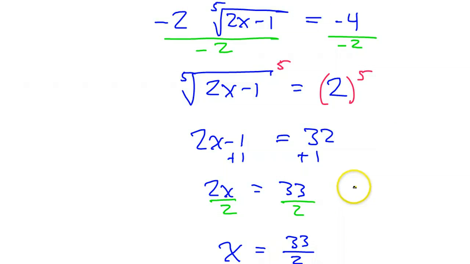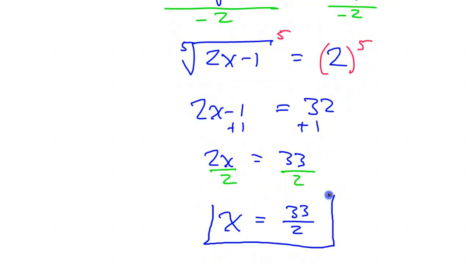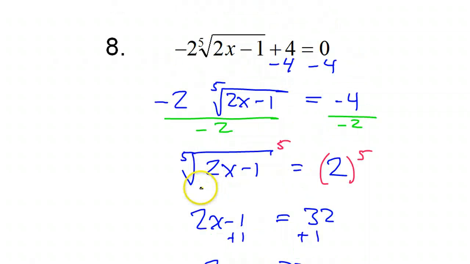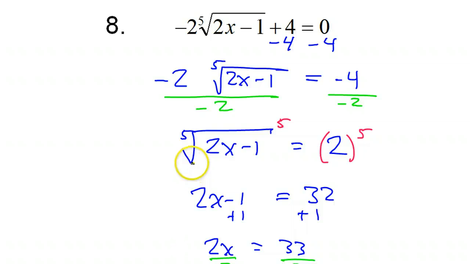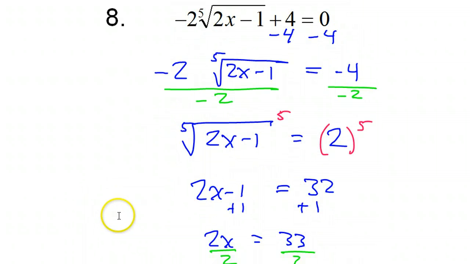Anytime I go this fast, I'm likely to make a mistake. Anyway, let's assume that's the answer for now. Let's put a box around that. Alright, and then you would plug that back in to make sure that it actually works. But for now, I'm going to assume that it does, because I don't have time to check all these. Alright, so that is the answer to number 8.